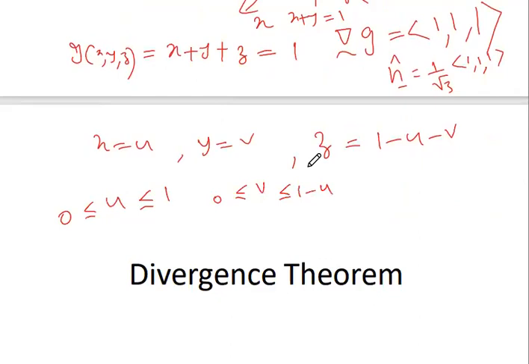What is the conversion? d sigma is equal to the magnitude of the unit normal vector times dA.